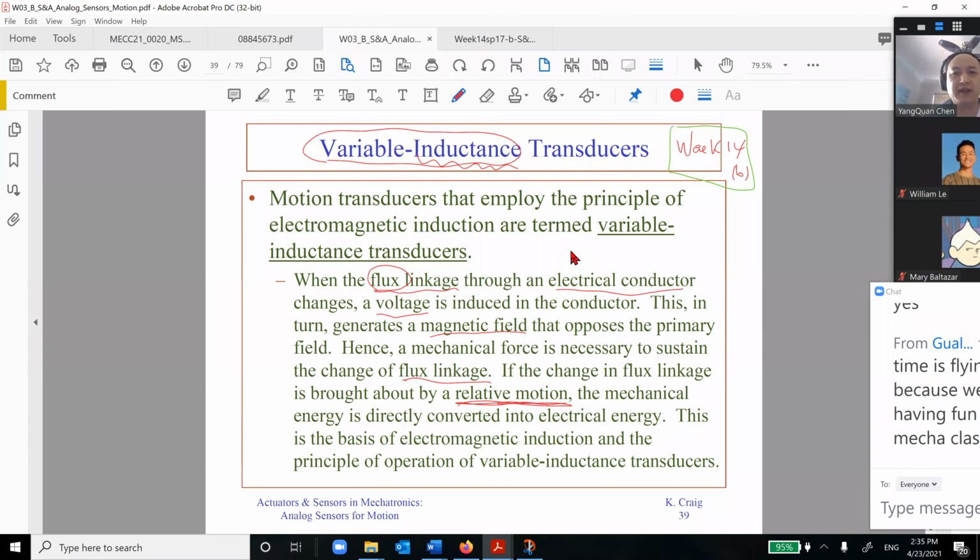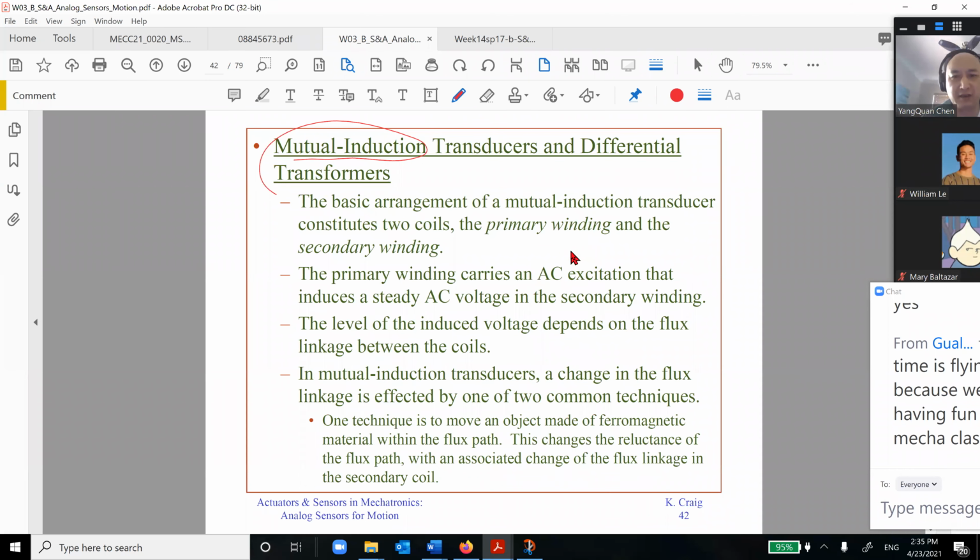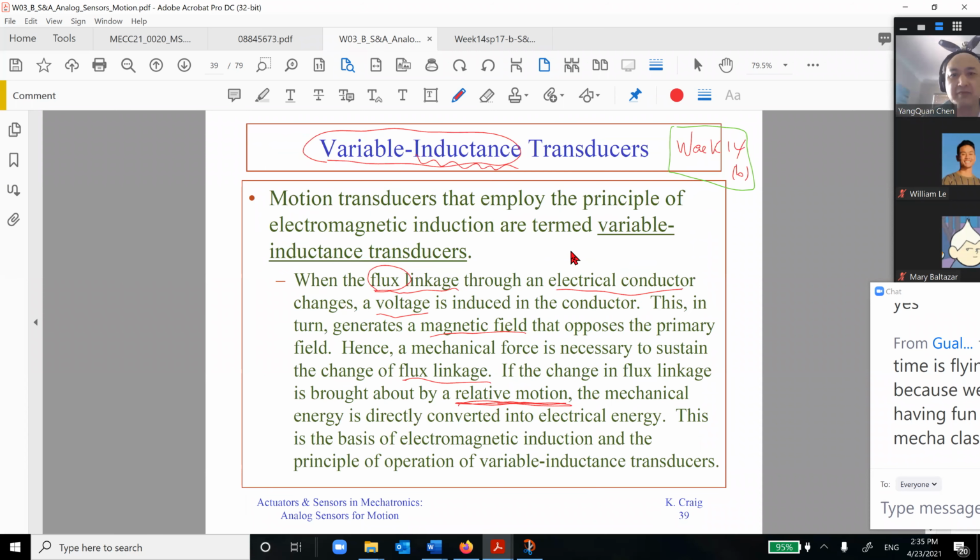So today we are going to come over here. This is the starting point for today, week 14, lecture B. Motion transducers can use the idea of variable inductance, using the principle of electromagnetic induction, called a variable inductance transducer.